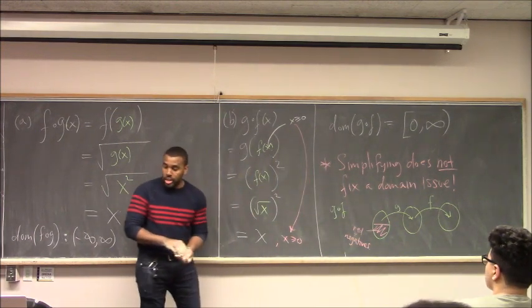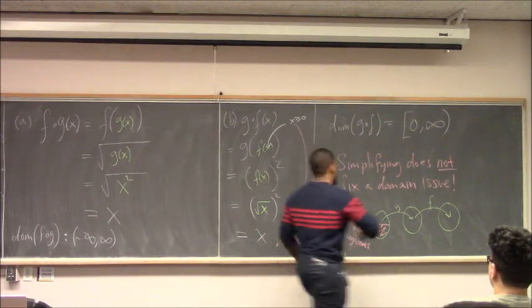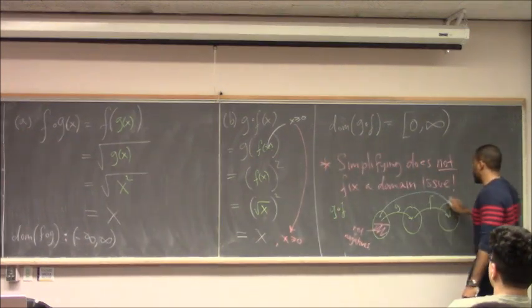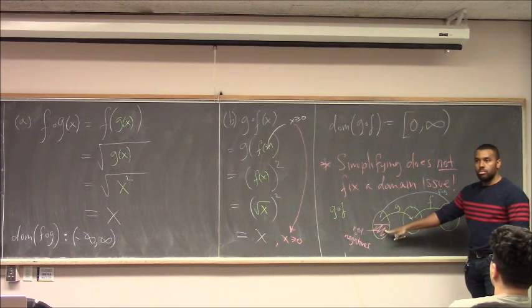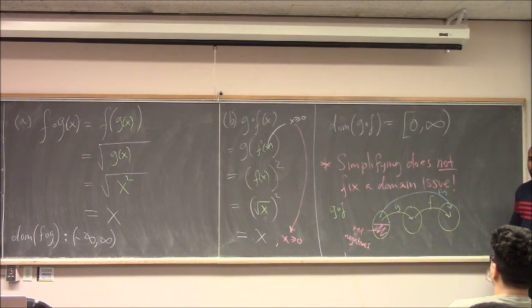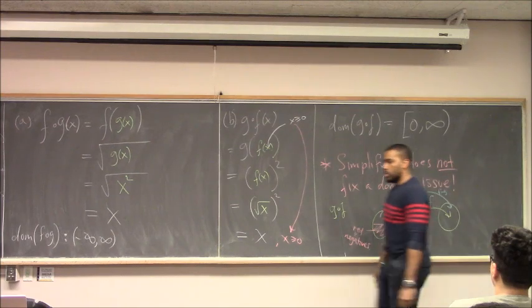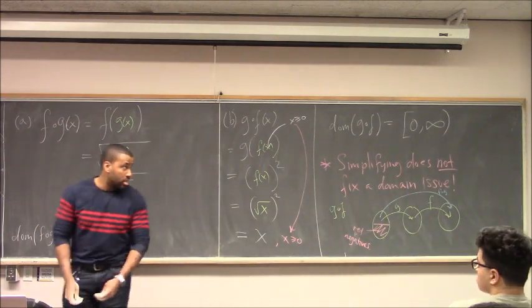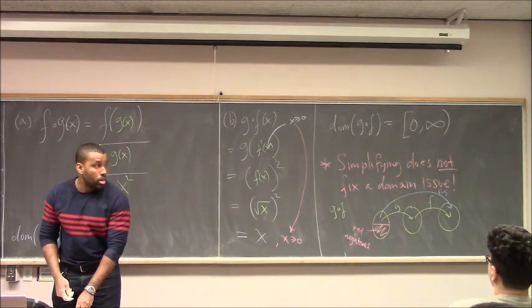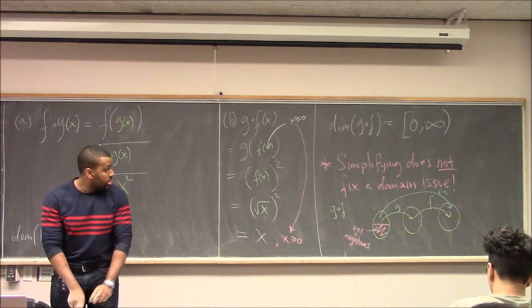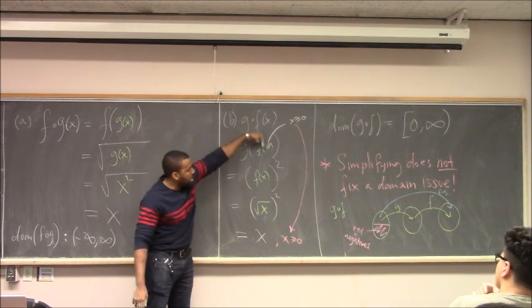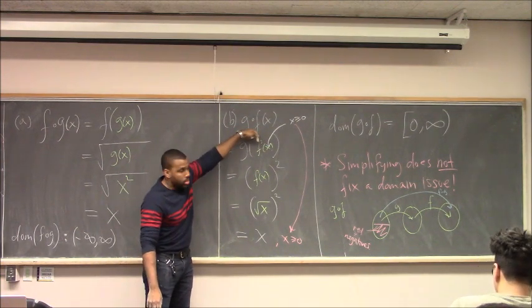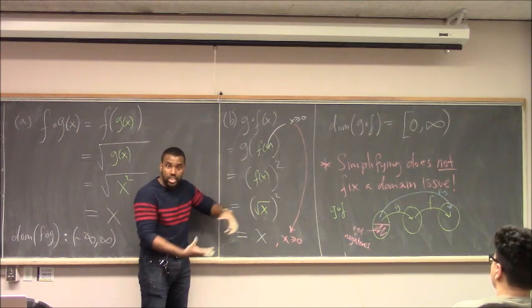So now, if you look at the composite function, the one that has domain over here and goes all the way over there, that is f of g. But look, the negatives didn't work in the first place. So they're not going to work with the blue function, right? So that's an important lesson there. Simplifying doesn't fix your domain issue. And how you work around that is that for a composite function, you have to worry about the domain of the inside first. Then look at the domain of the outside, and you have to overlap them.